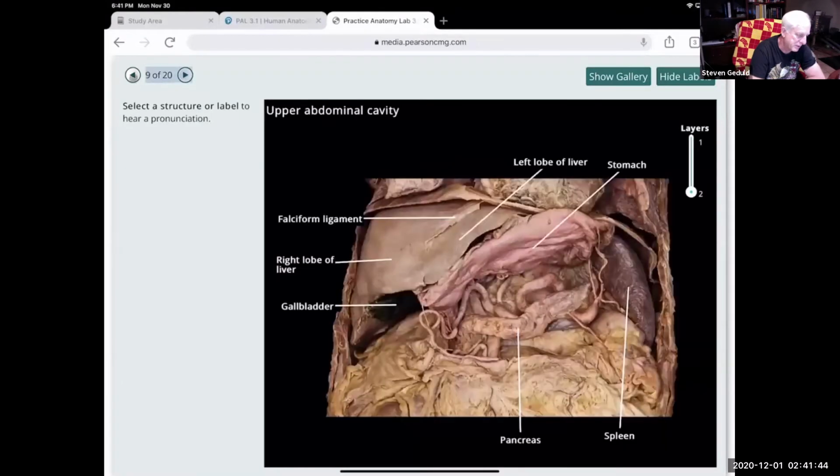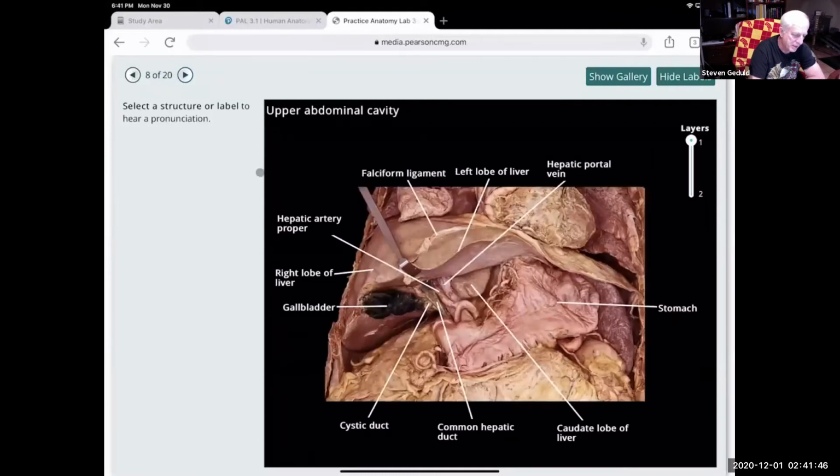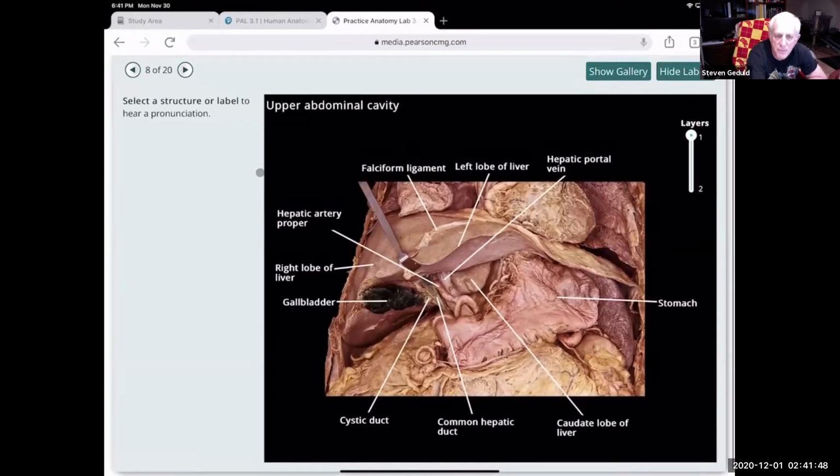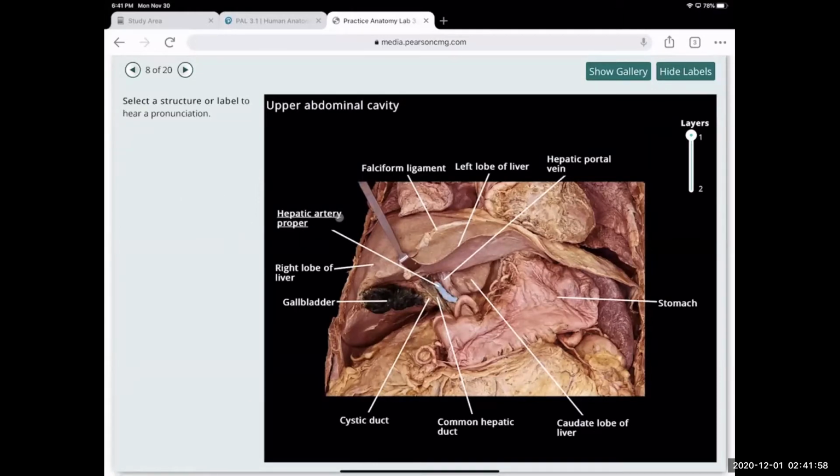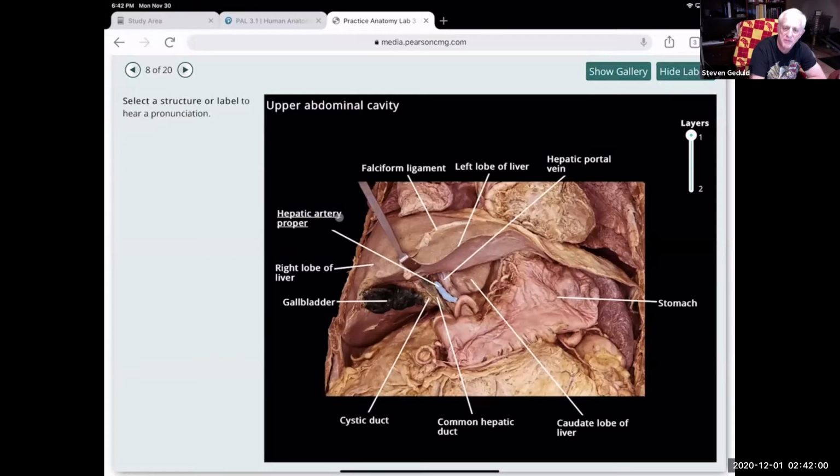I skipped one here. There we go. Abdominal cavity. You have, let's start with the hepatic artery. Okay, goes into the liver. There's your hepatic artery. Okay, you see the artery is more round shaped. The vein is a little more flatter. You see the right lobe of the liver. And you see this mass right here.